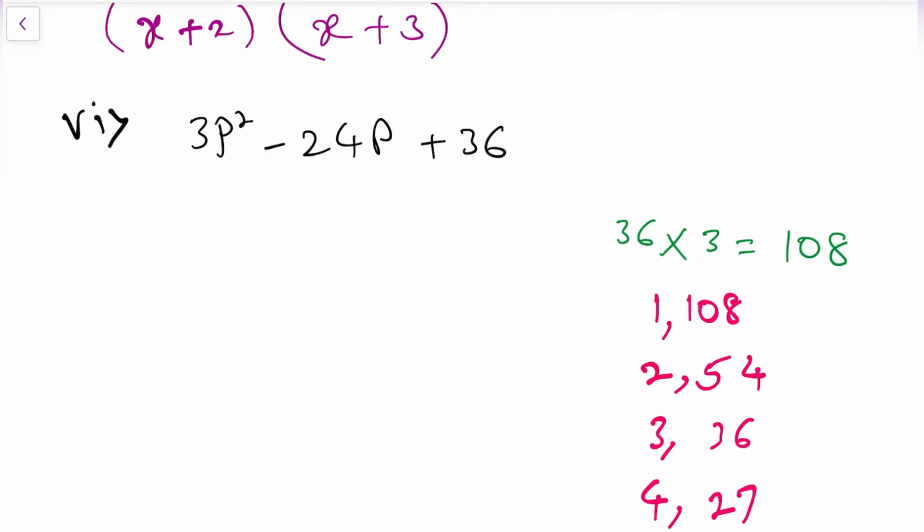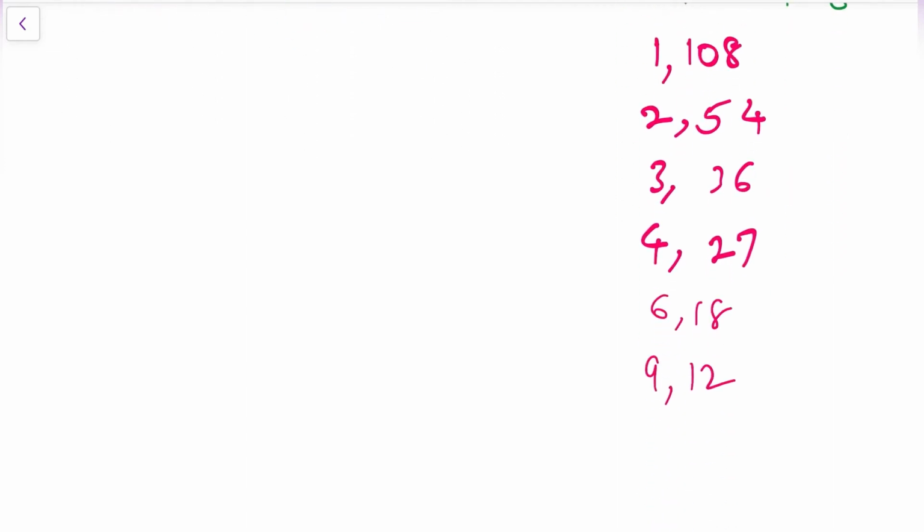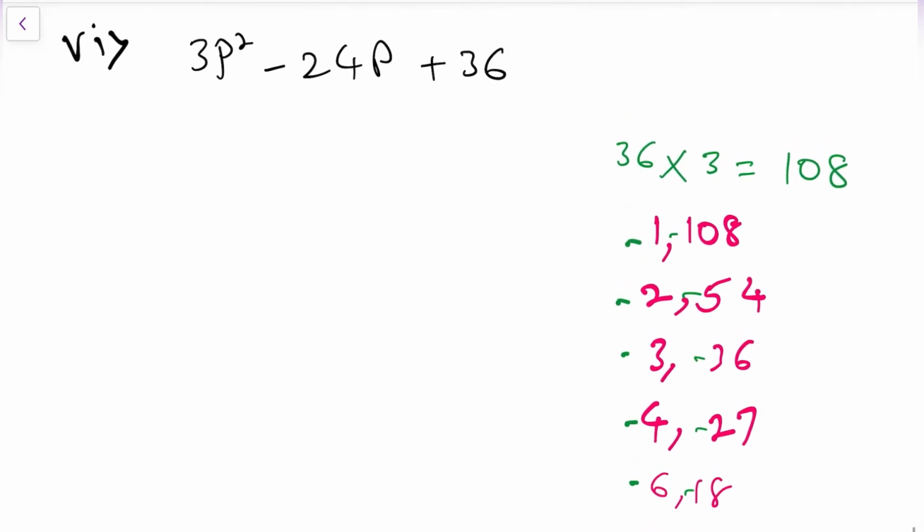Minus, minus, minus, minus. In every pair, both the numbers should be negative. Okay, now let us check.